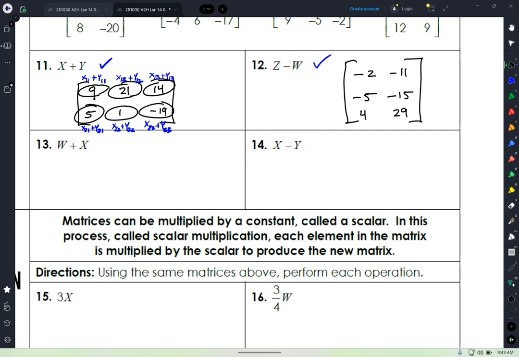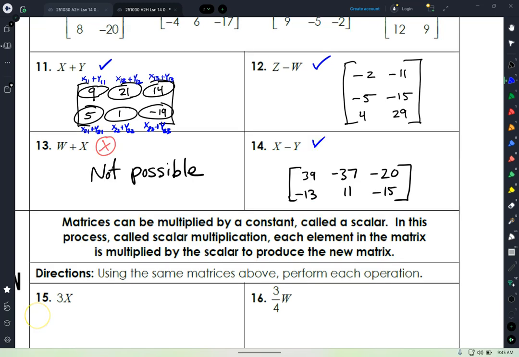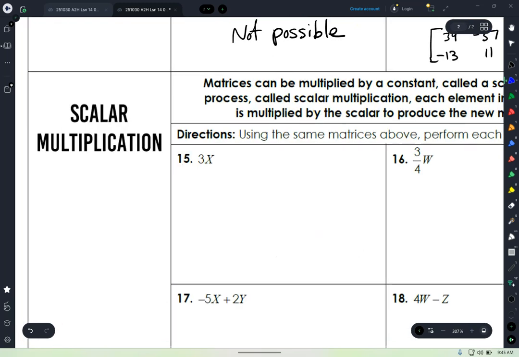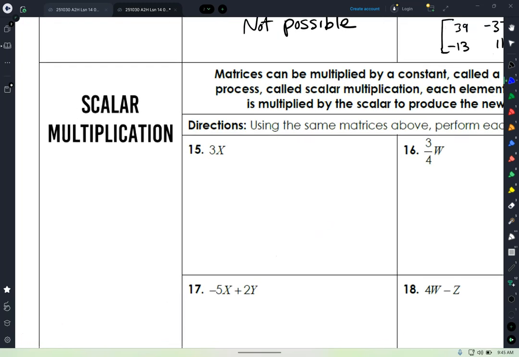And only 13 and 14. Go ahead. Go. Here's what you should have come up with for 13 and 14. How did you do? Great. Okay. All right, so let's talk about some other math that can be done with matrices. So this is called scalar multiplication.